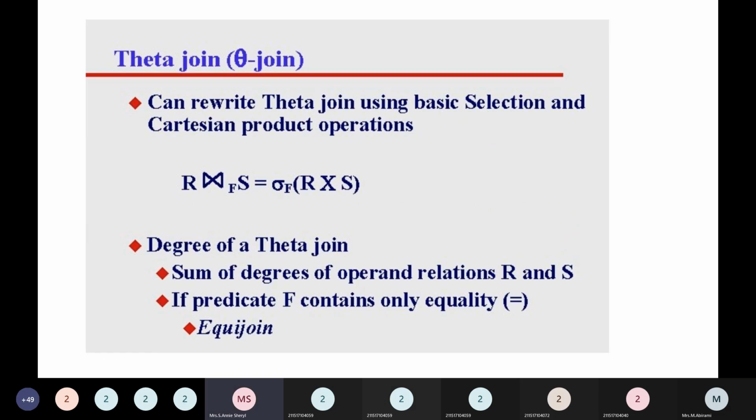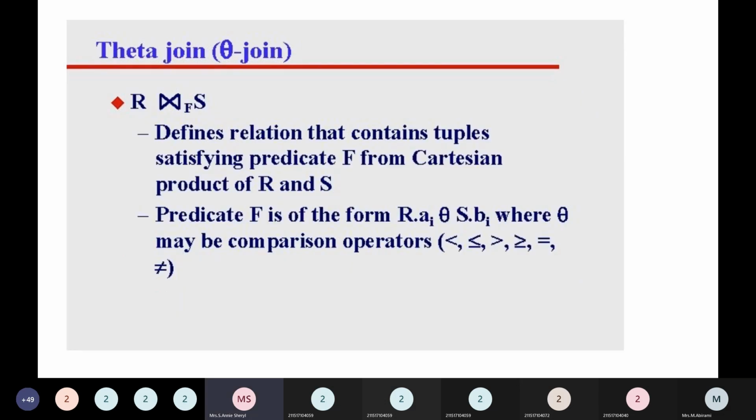Next, we are shown how to write a theta join. It can be rewritten as R, your inner join functionality, and based upon which condition it is. While identifying this itself, I mentioned that it is a selection operation.